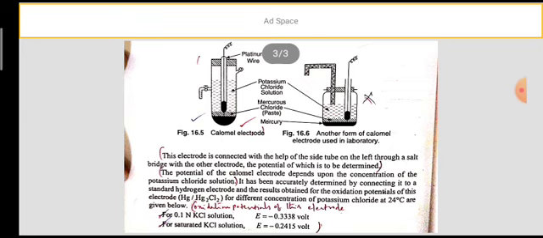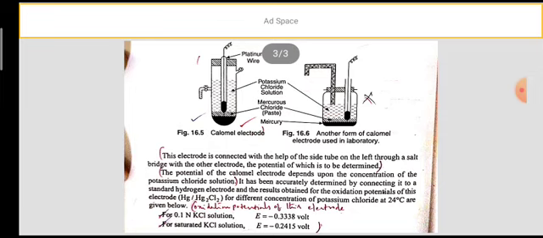Suppose for example, for 0.1 normal KCl solution, the oxidation potential is minus 0.3338 volts. For saturated potassium chloride solution, the oxidation potential of the calomel electrode is minus 0.2415. So for different concentrations of potassium chloride, this calomel electrode has different oxidation potentials.